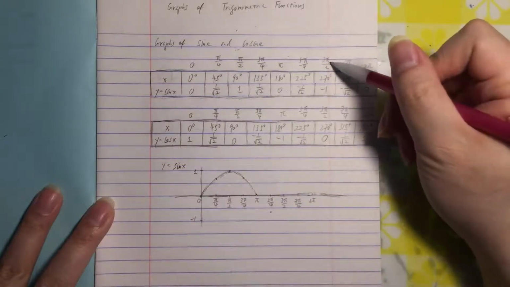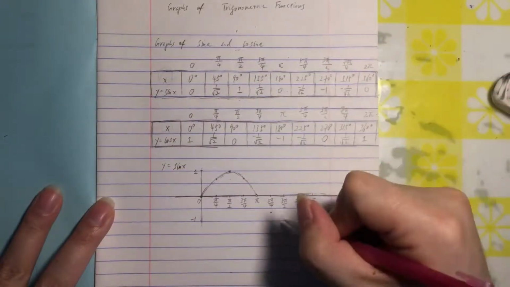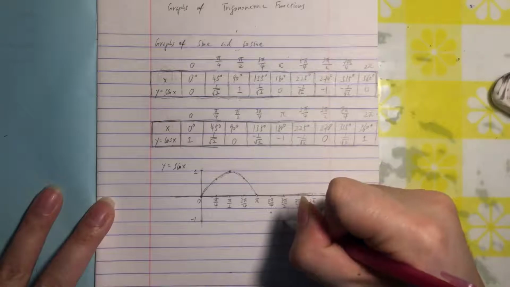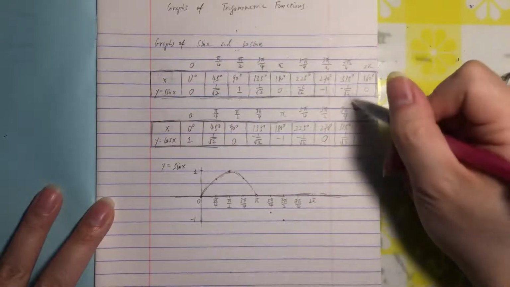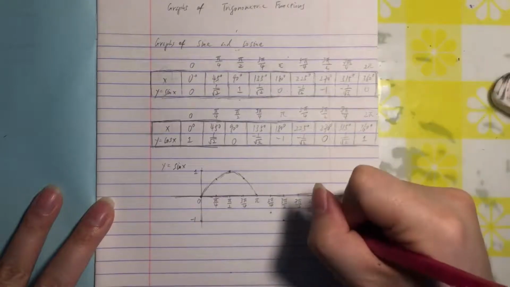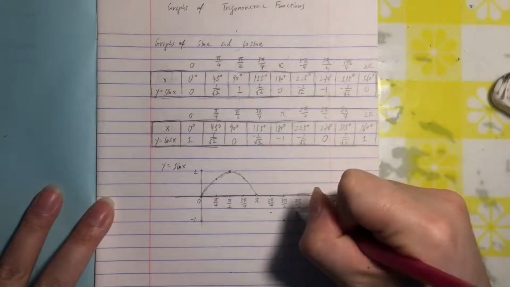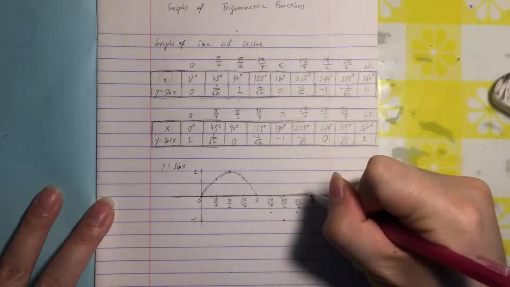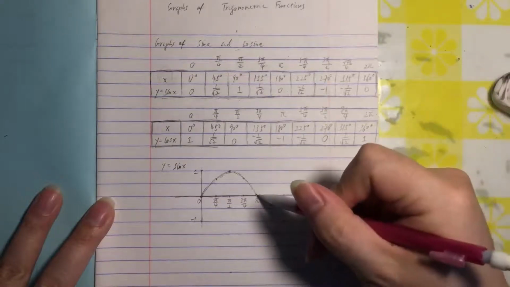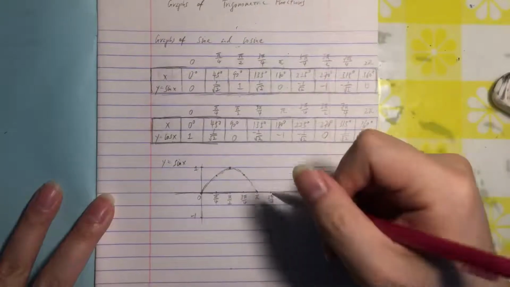When X is 3 pi over 2, Y is negative 1. When X is 7 pi over 4, Y is negative 1 over radical 2, about negative 0.7. Next point, when X is 2 pi, Y is 0. That's the last point. Then continue to connect these points using smooth curves.